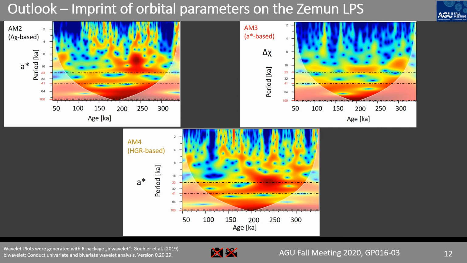And on the bottom part, we have a hematite-goethite ratio based age model where we investigated the redness as well. And you can see that, for example, in the top right wavelet and the lower wavelet on the base, we have really massive changes in sensitivity of these parameters because they are more detectable for orbital parameters than other parameters.